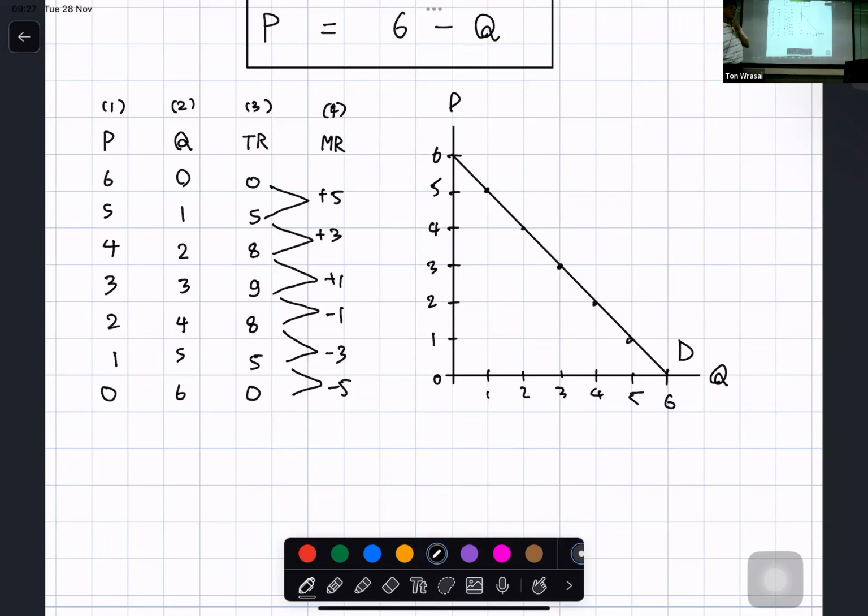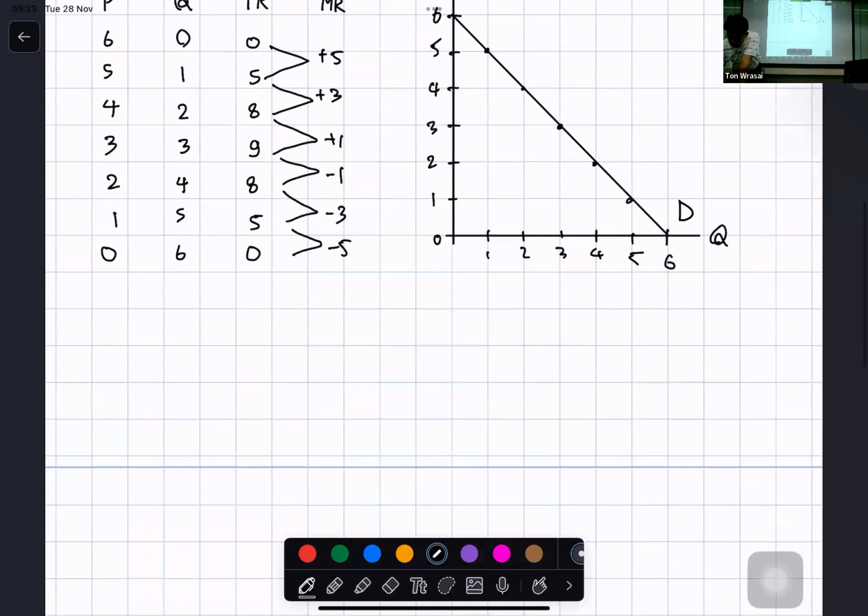We got his demand curve already. The demand curve that he is facing is downward sloping, which suggests that when this guy wants to sell more, he has to reduce the price to attract more sales. So fact number one, monopolists face a downward sloping demand curve.